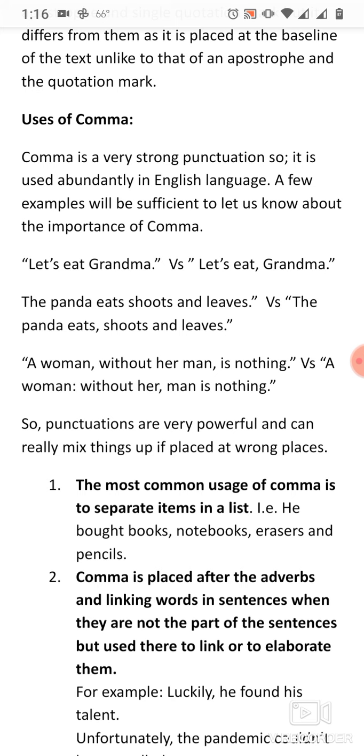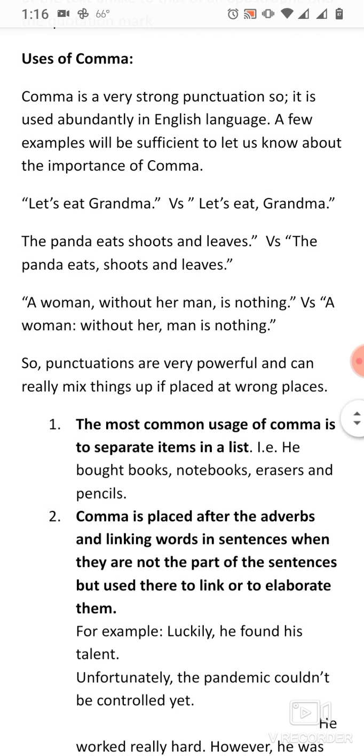Let's eat grandma versus let's eat, grandma. Let's eat grandma means come friends, let's eat our grandma. Versus let's eat, grandma, you are addressing your grandmother. Mom, grandma, please come and let's have some meal, let's eat something.